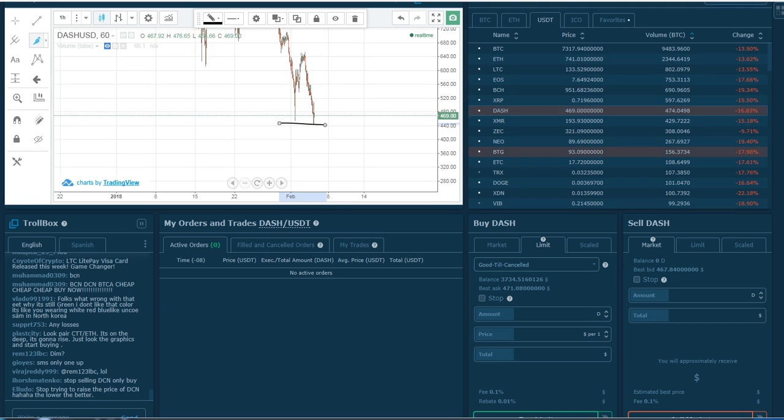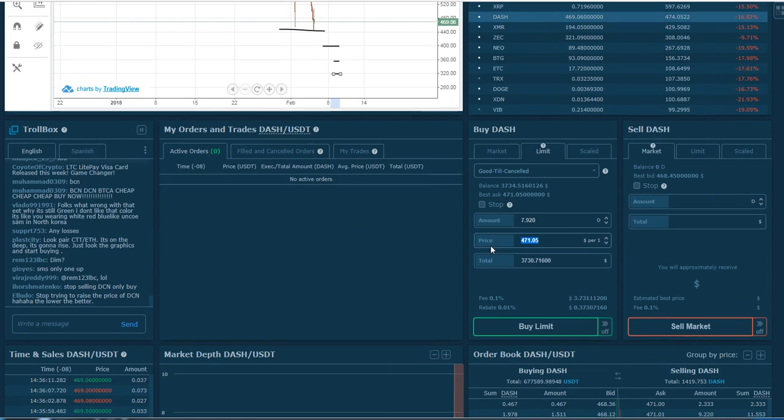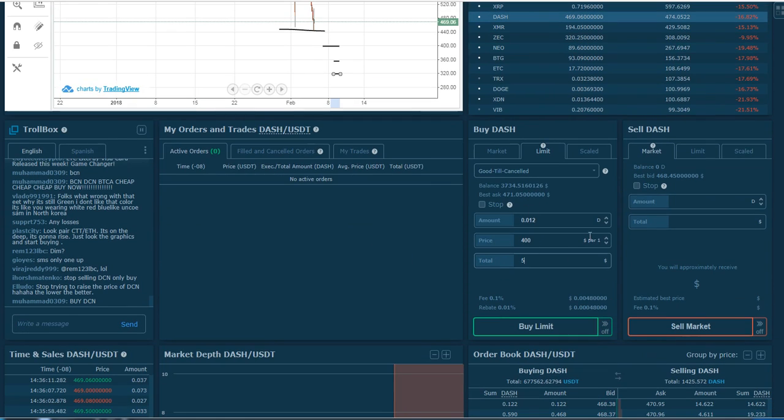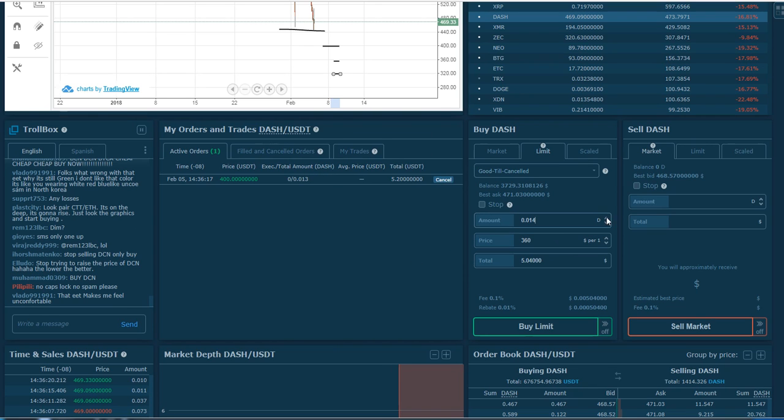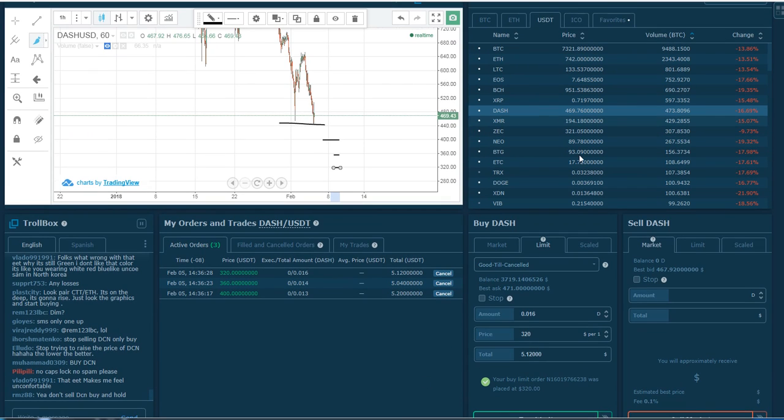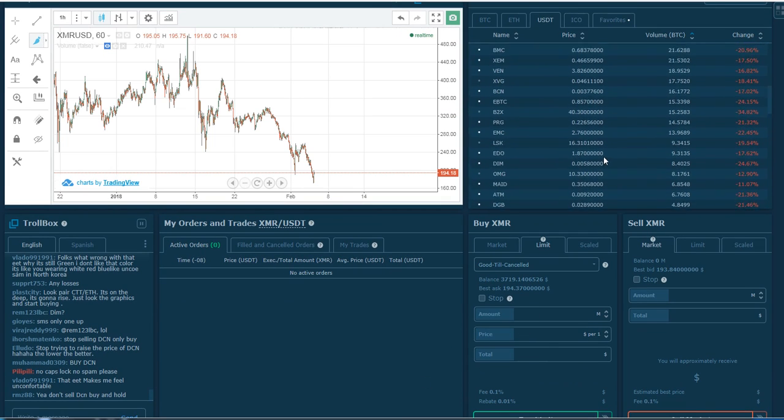So here we can get 436s and 32s. 400. I'm just playing the chart, you know? Just playing the chart. 360. Here's the 5. Here's the 320. Boom. Well, $5 orders. And we'll probably stop around here.